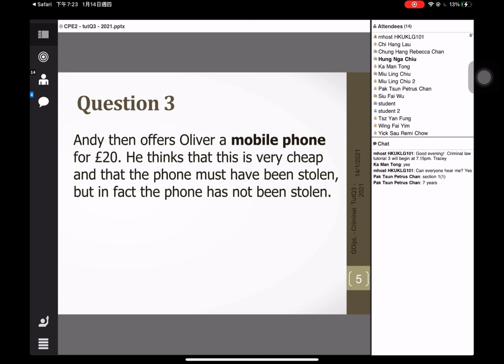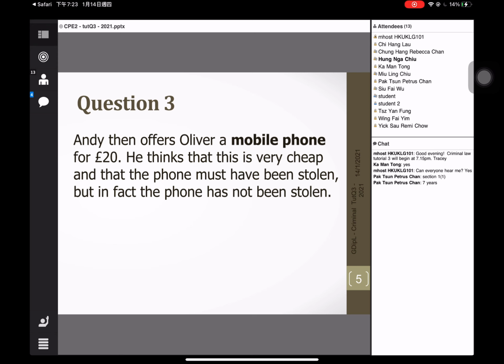Now, in this question, unfortunately, there's this part where Andy offers Oliver a mobile phone very cheaply at a gross undervalue. Here, the legal point is whether the mobile phone is stolen, and is he engaging in handling stolen goods.